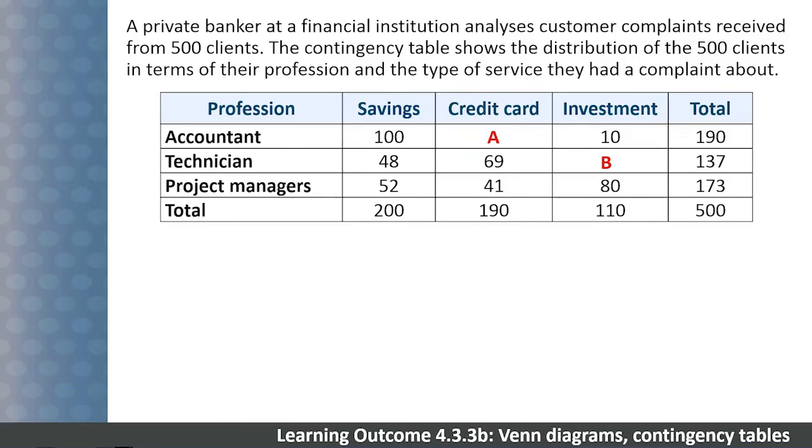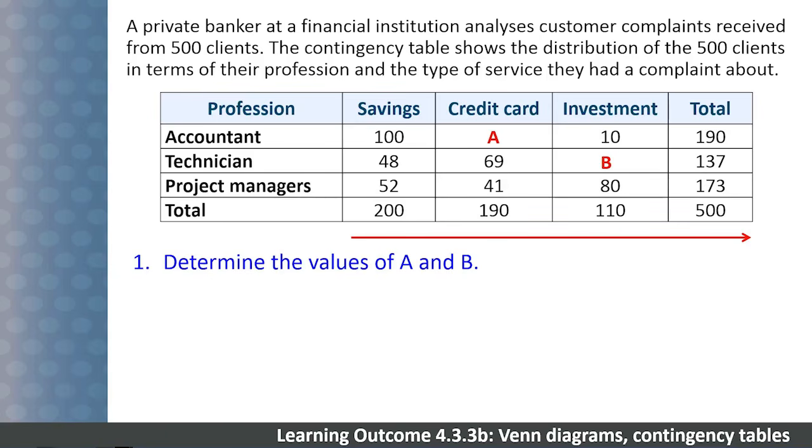Let's work through the solution to the activity about customer complaints received by a financial institution. Question 1. Determine the values of A and B. This question checks whether the student understands how a contingency table works. We can use either the column or row totals to find the missing values. So we can calculate A by using the column total 190 and subtracting 69 and 41 to get 80.